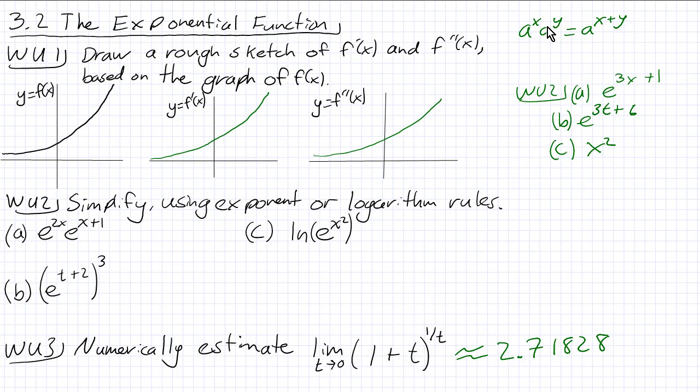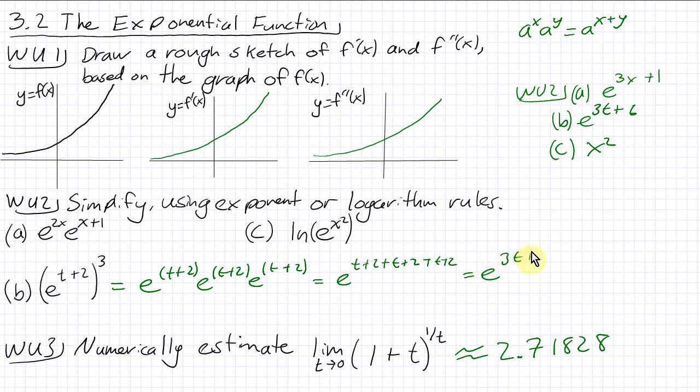So the total number you have being multiplied is X plus Y. And for B, when you have e to the t plus 2 times e to the t plus 2 times e to the t plus 2, and you add those all up, it's the same thing as doing e to the t plus 2 plus t plus 2 plus t plus 2, which is just the same thing as multiplying it by 3, doing e to the power 3t plus 6, which is what we got there.